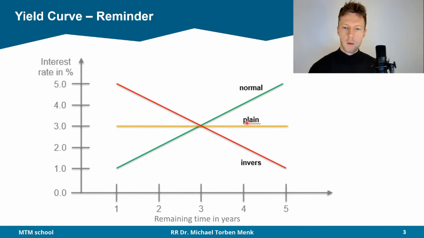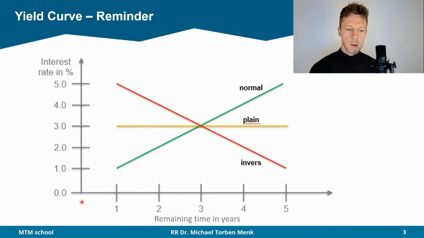There is a common mistake people often make when they first meet the yield curve, and it's that they think that the yield curve is some kind of forecast, that if you are here at t equals 0, meaning today, you can just read off this graph how the interest rate will be in, let's say, 3 years.